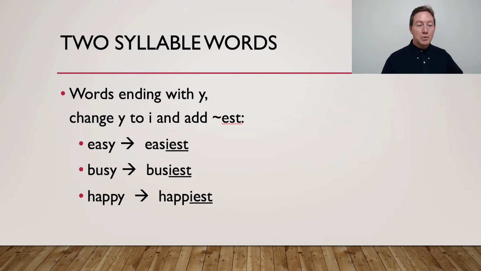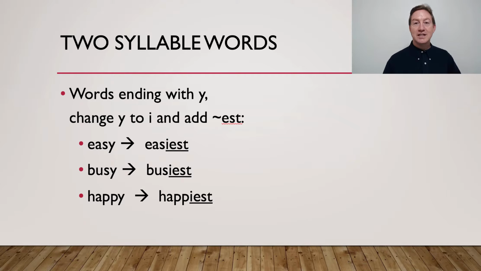For 2 syllable words, we talked about words that end in y. If the word ends in y, change the y to an I and then add est. So the word easy becomes easiest, I-E-S-T. English is the easiest subject of all my classes.